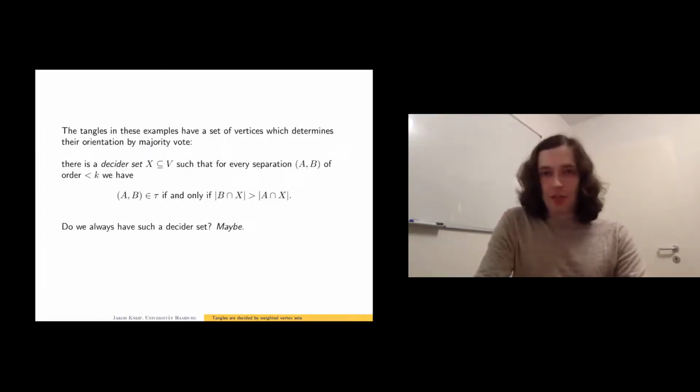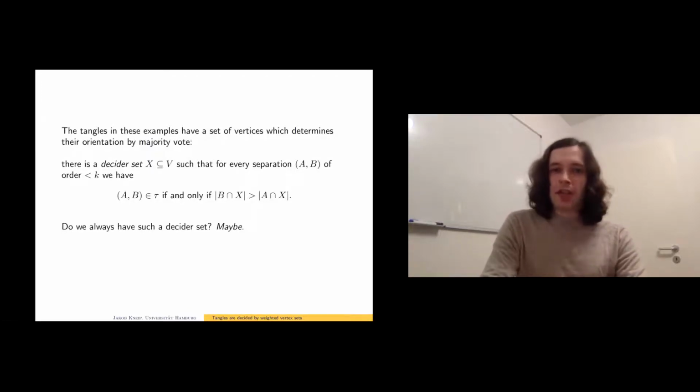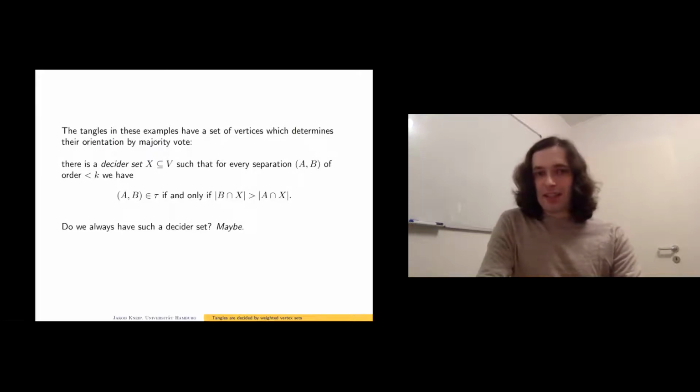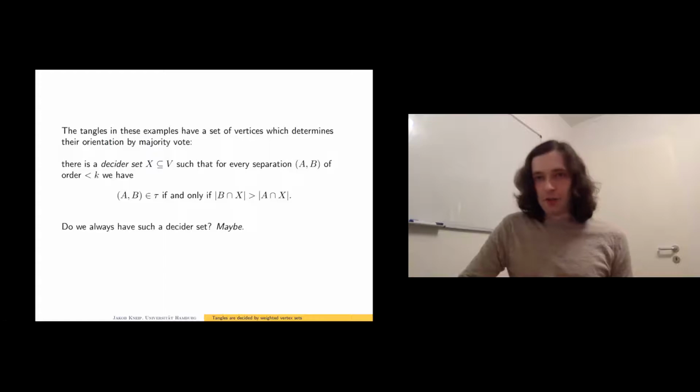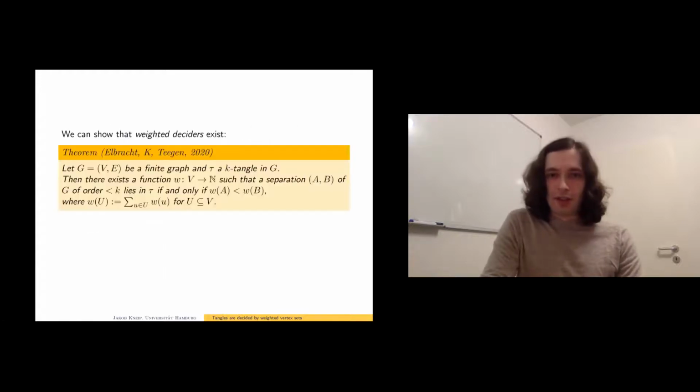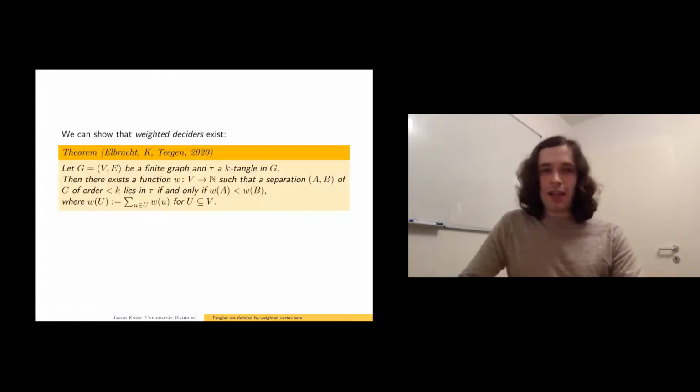What we can show is a fractional version of this. If you allow, instead of just having a set x of vertices, to have a weighting on the vertices, then this question has a clear answer and it's yes. So this is the result that I want to discuss today.